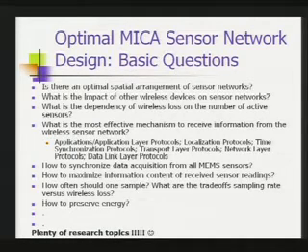How do you synchronize data acquisition? I already addressed that issue. How to maximize information content of received sensor readings? Well, I might not want to send the timestamp, but then what's the value of that measurement if I don't know when it was taken? How often should one sample? What are the trade-offs, sampling rate versus wireless loss? How to preserve energy? So there are plenty of research topics.